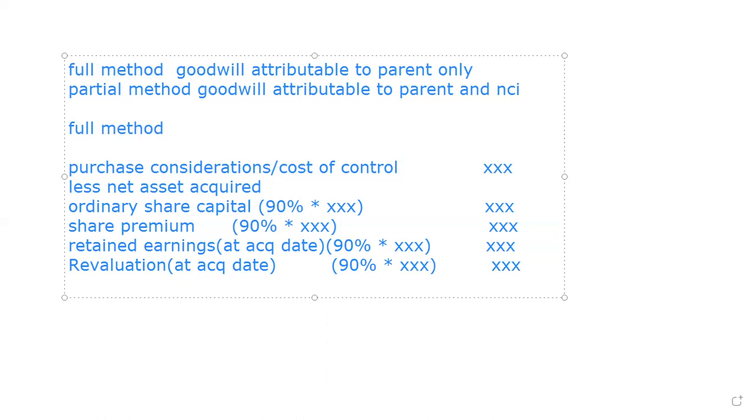Once you have the purchase consideration, you subtract these items from the cost of control. I put them in brackets so that you know we are subtracting them from the cost of control. The amount we get there is goodwill.